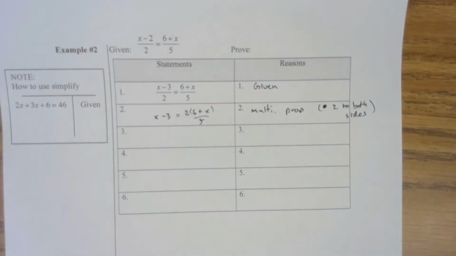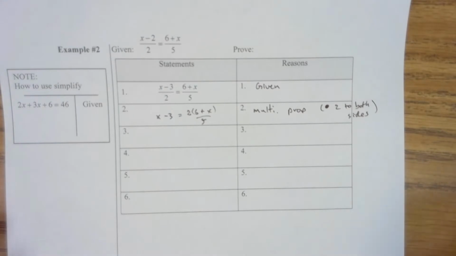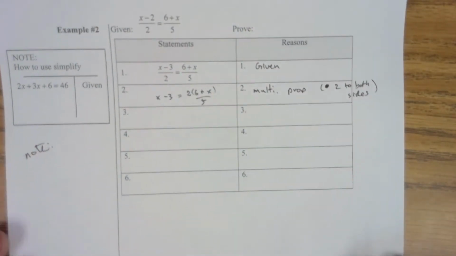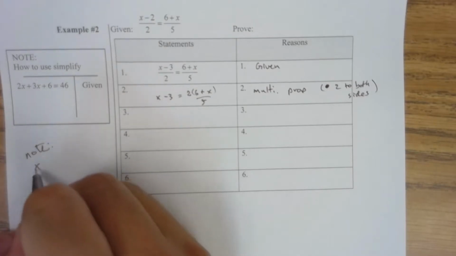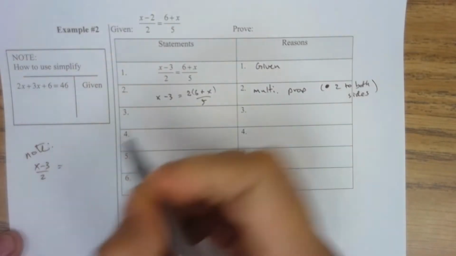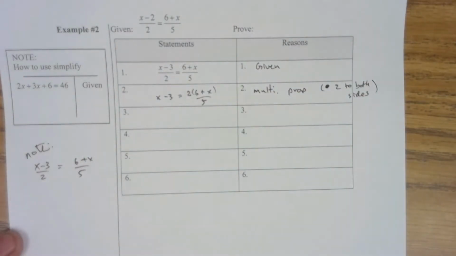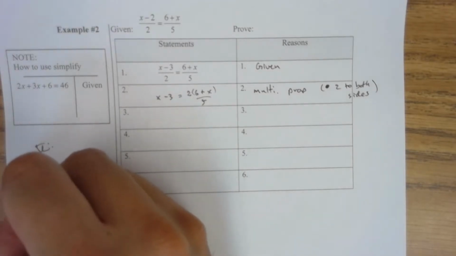Okay, so this will give my decimal. If you need to, just write a note here showing that, hey, this is what's happening. x - 3 over 2, you have (6 plus x) over 5, and what you want to do is multiply both sides by 2 here.